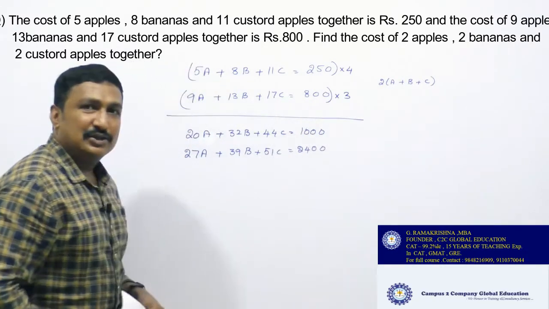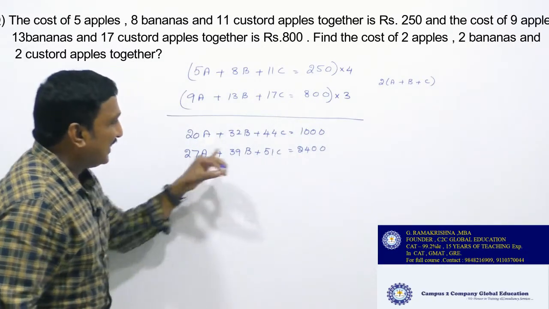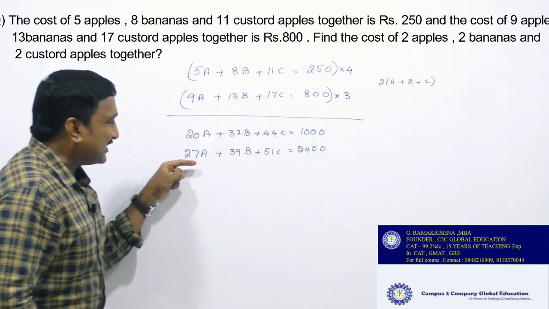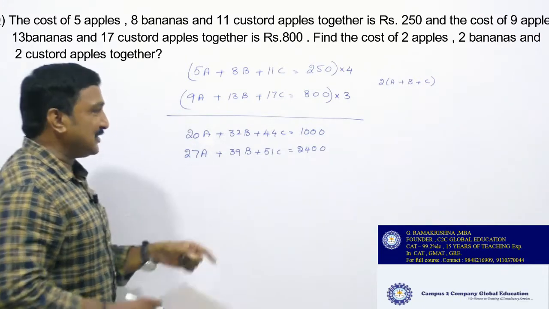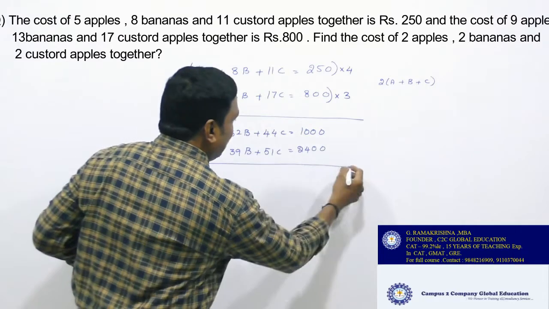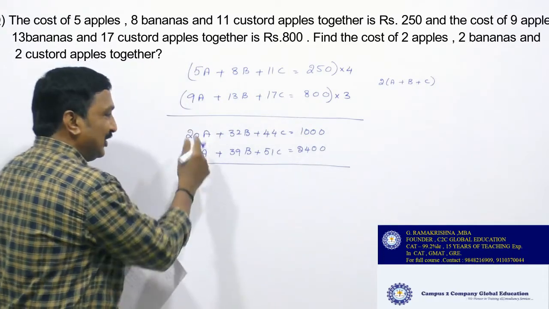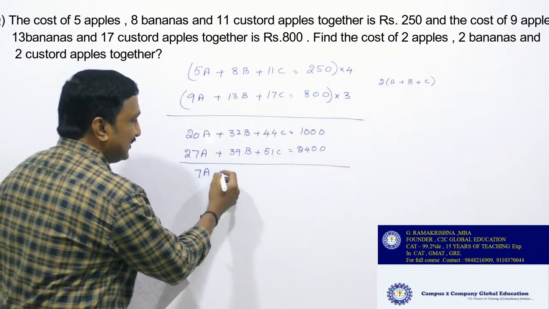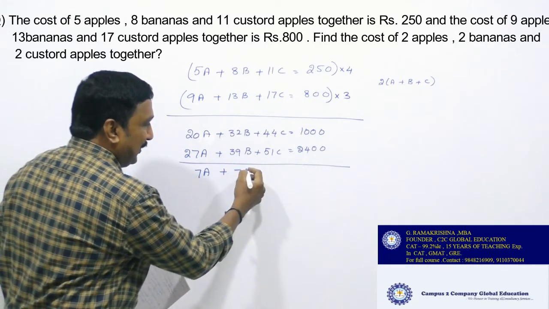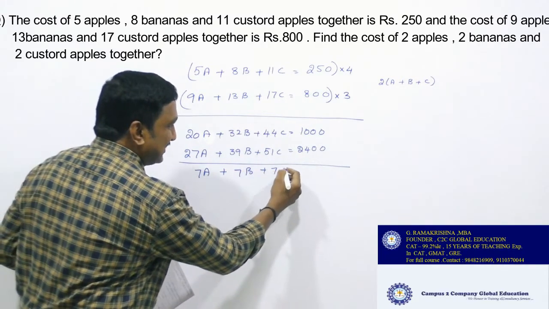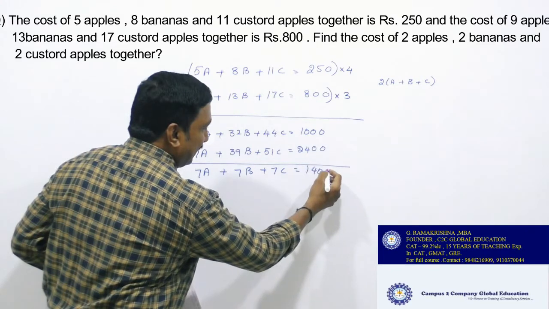Okay friends, once we multiplied, we got these two equations. Now we can subtract the second equation minus the first equation. If you subtract, we get 7a, 7b, 7c is equal to 1400.